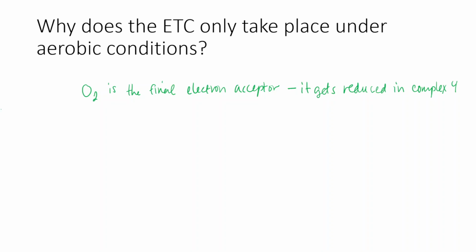Without oxygen, all of the previous pathways that we were just talking about will get backed up. The electron transport chain will get backed up, and the citric acid cycle will get backed up. Because essentially you are accumulating all of these reduced electron carriers, and they have no way to give away their electrons.